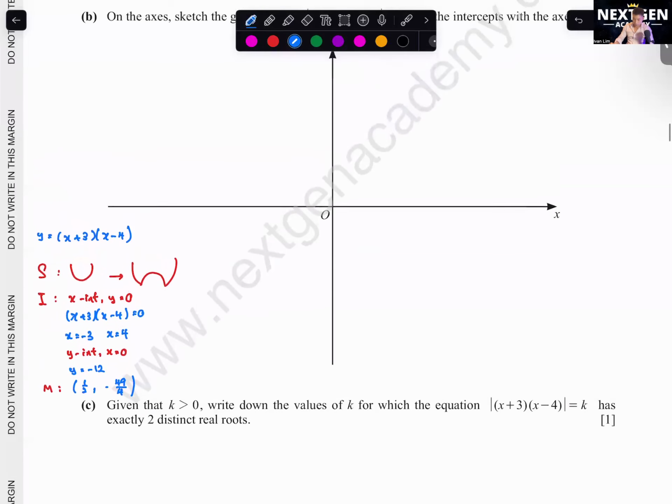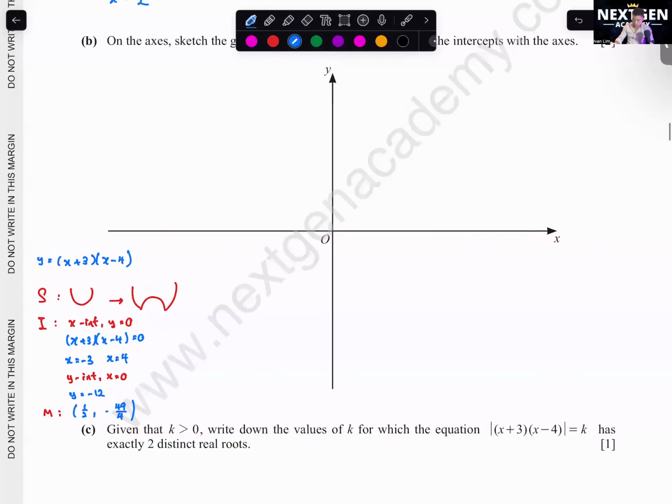Let's do a rough estimate. Here 1, 2, you can use your ruler to measure. Here 1, 2, 3. We have minus 3 and positive 4. Mark your points as x, like that.